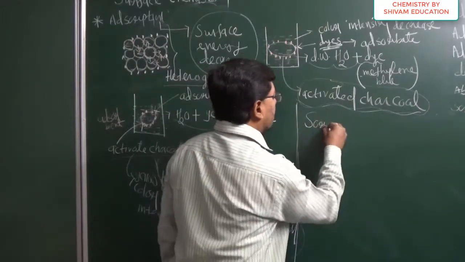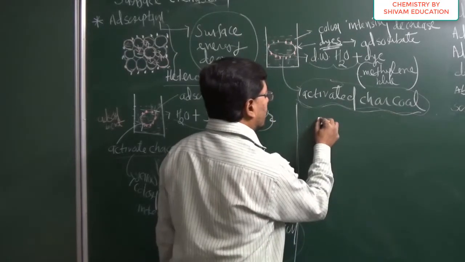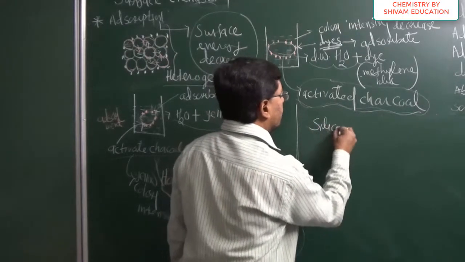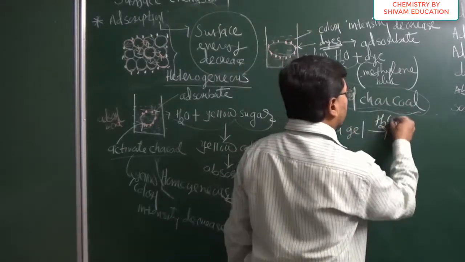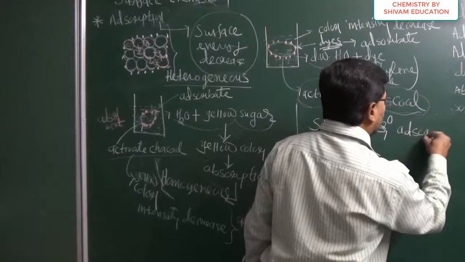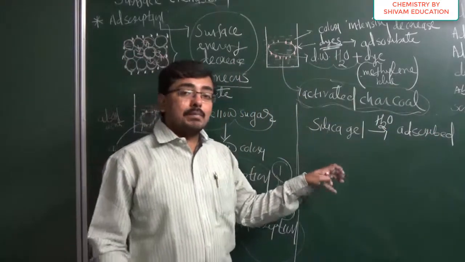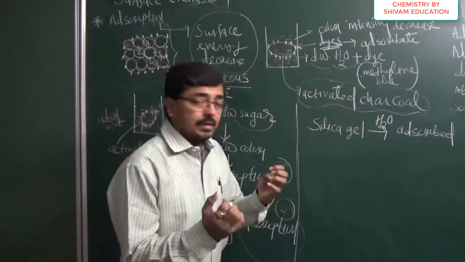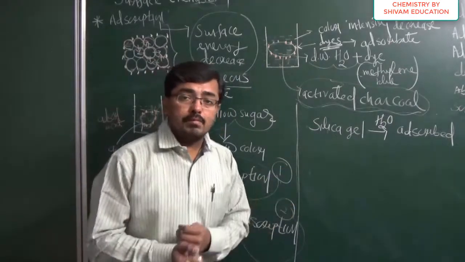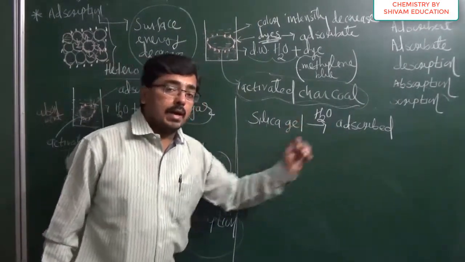Now an example of this. Suppose I take silica gel, then it is observed that on the surface of silica gel, water molecules will adsorb. Silica gel is used to keep electronic instruments free from moisture. So on the surface of silica gel, water molecules will adsorb.